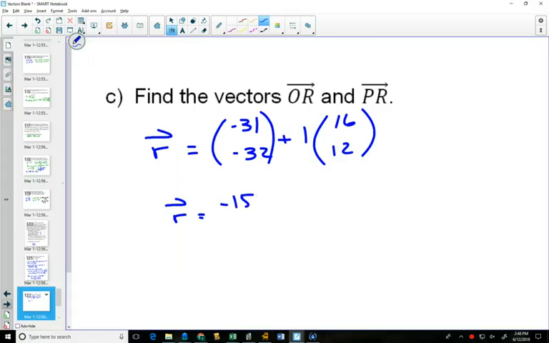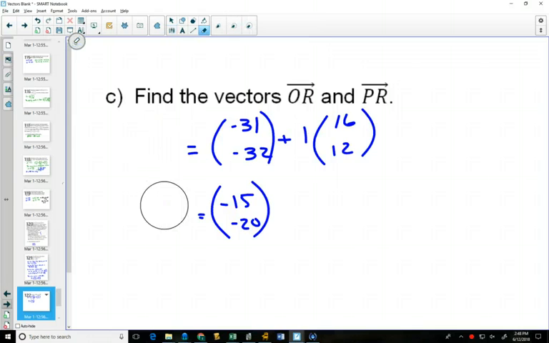We're going to be at negative 15, negative 20. I guess I can even write this as, in particular, this is OR.